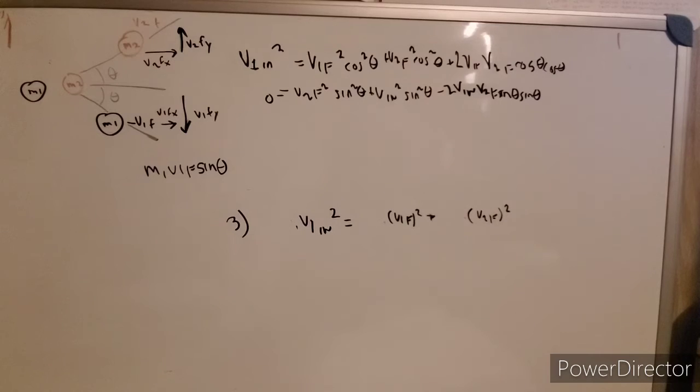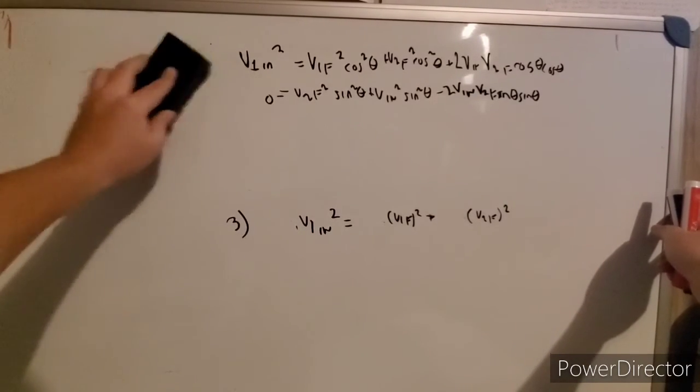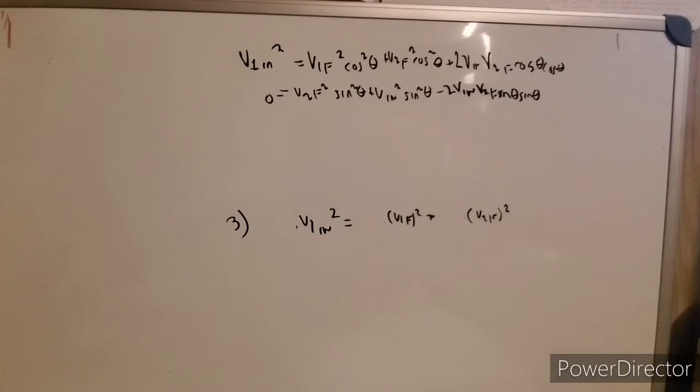So what we're going to do now is add them together. I'm going to have to erase this just to make more space for us. So we're going to add equation 1 and equation 2 together.